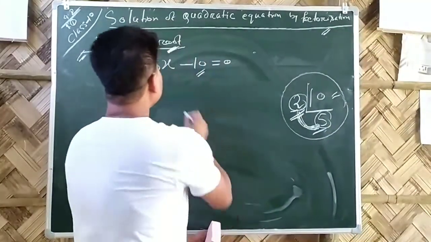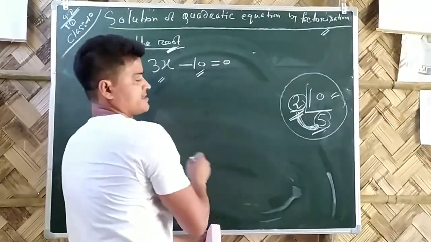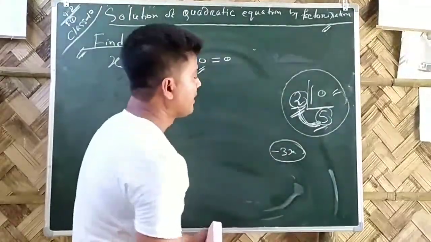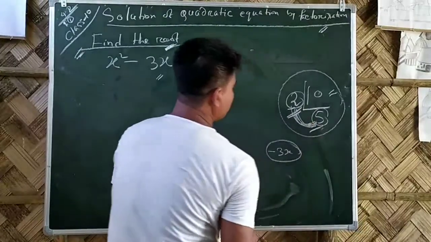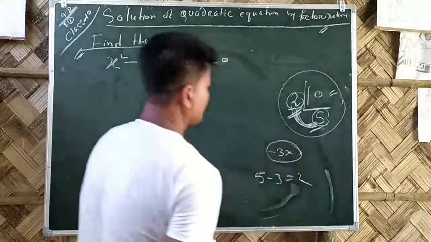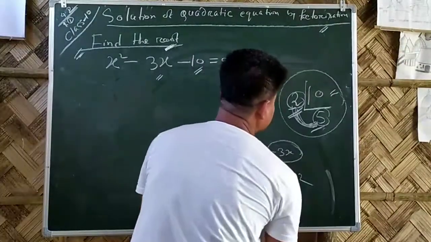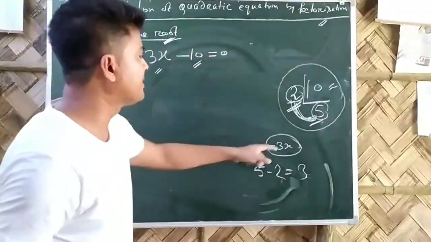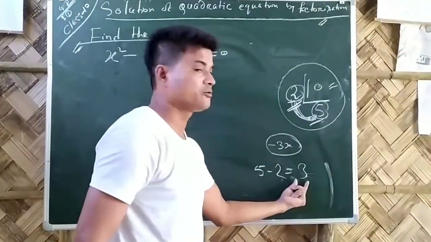Now we need minus 5x. 5 minus 2, we will get 3.